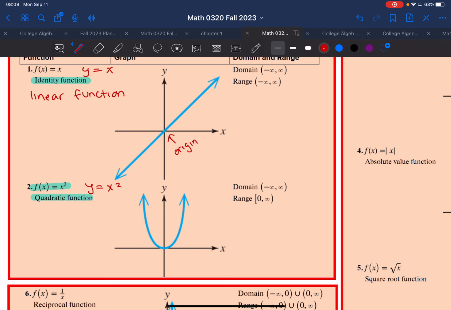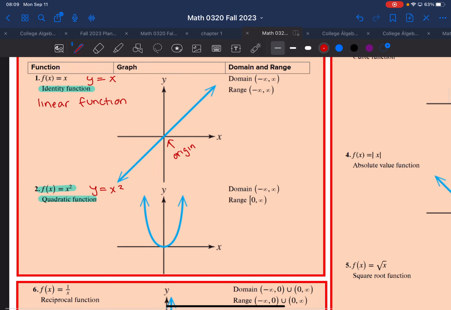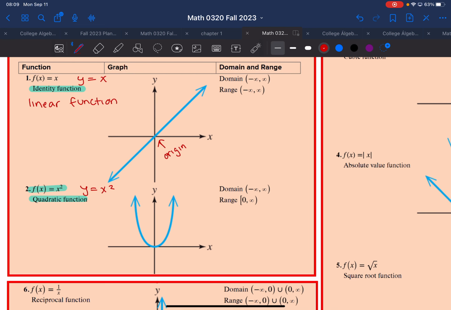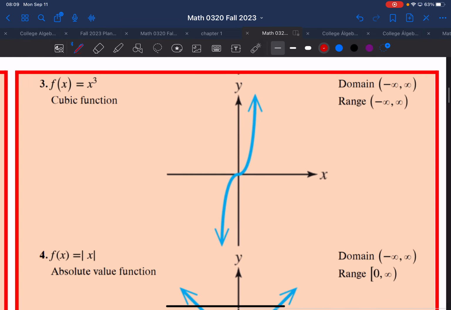And we're going to talk about that in a couple more notes. So right now we're just looking at the most basic of the functions. So we have identity function, which is the linear function, quadratic function, and then we have the cubic function.